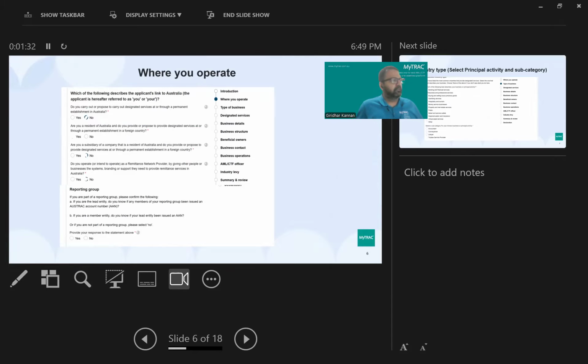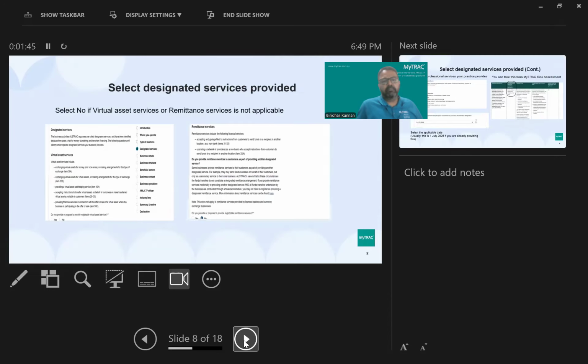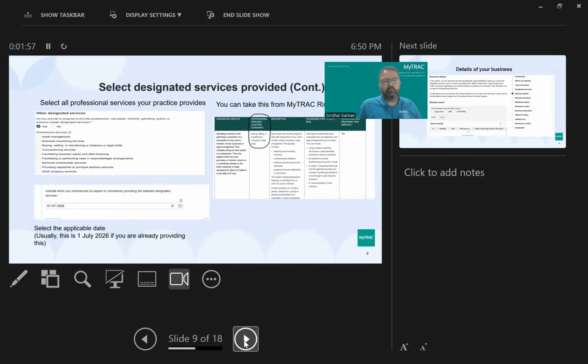So if you are a reporting group, you say yes, otherwise it will be a no. Moving on, then you need to select business and professional services as the type, and then the subcategory will be an accountant. And then it'll ask you some questions whether you provide designated services such as virtual asset services or remittance services. Most of them don't do that. Otherwise, you would have already been covered under the AML CTF Act. So you say no to them.